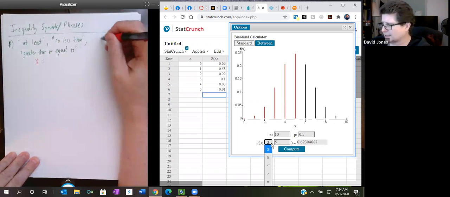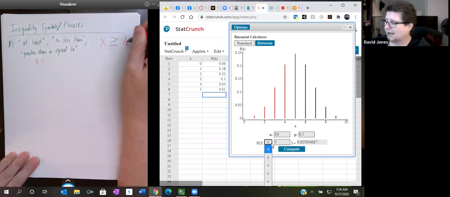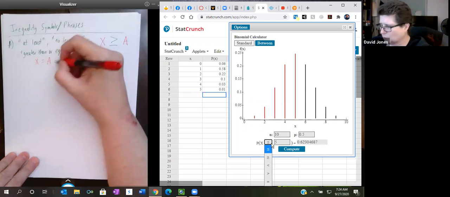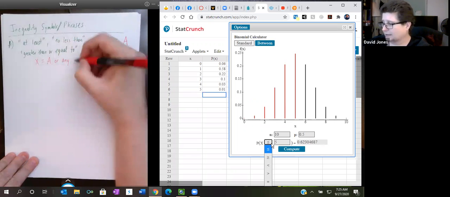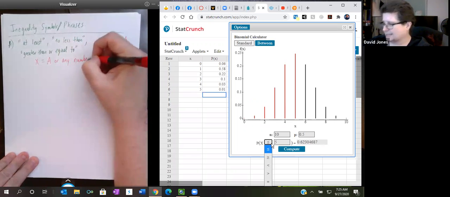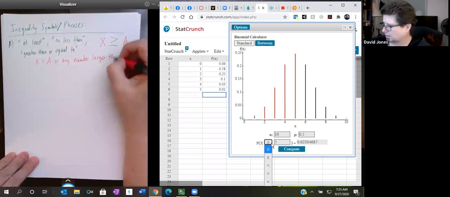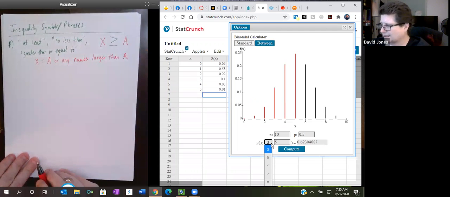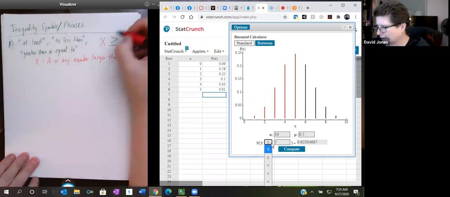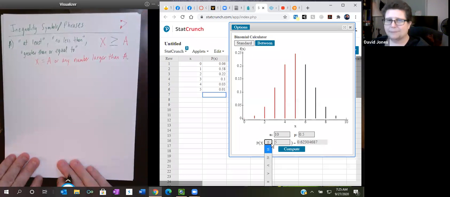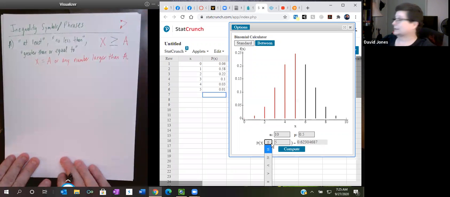So let's say X is greater than or equal to A. X equals A or any number larger than A. That's what that reads. And the symbol is like that. If you like, make it an alligator mouth, put teeth on it, vampire. The alligator wants the bigger meal. It's going for the larger number. Okay.